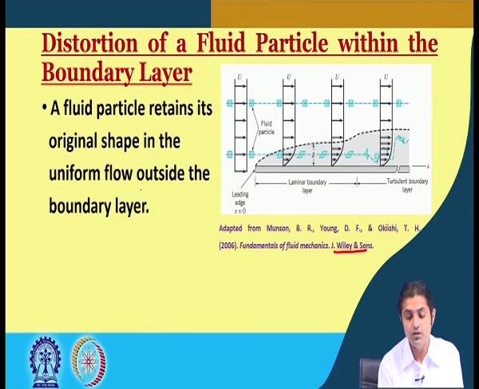That is very true, because outside the boundary layer there are no effects. This is the fluid particle above the boundary layer, and this is the fluid particle that is going to be in the boundary layer. When it moves in this direction, there is no problem at all, because all the points will have equal velocities, right.